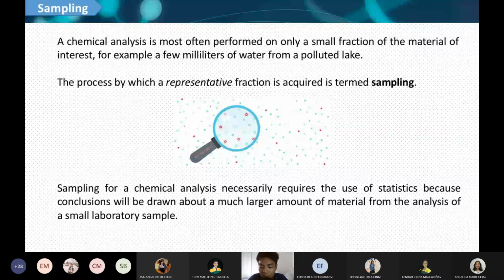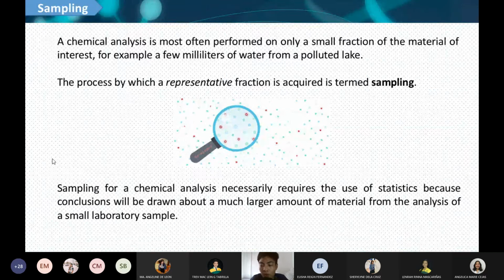So again, going back, when we do research, we only get samples. We only get the representative fraction of your entire population, and assuming that everything is homogenized, according to the F test, kung naalala nyo pa yung meaning nun. So, assuming that all the other variables are homogenized in your sample, then yung sample mo ay representative ng whole.